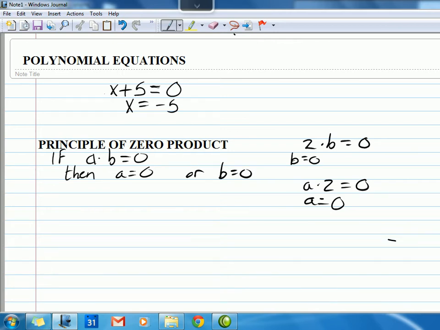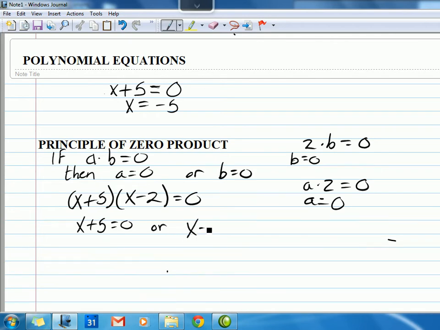So, for example, if we talk about two different polynomials, binomials in particular, say x plus 5 times x minus 2, and let that equal 0. Based on the principle of zero product, that tells me that x plus 5 equals 0 or x minus 2 equals 0.